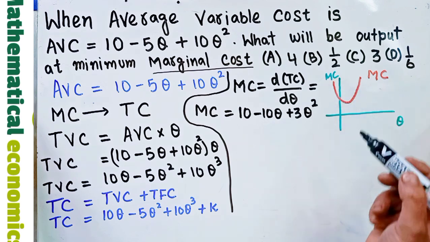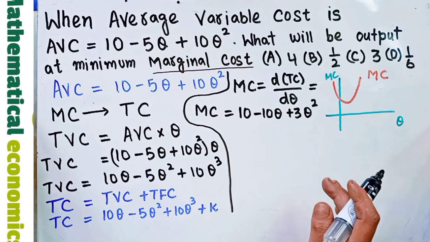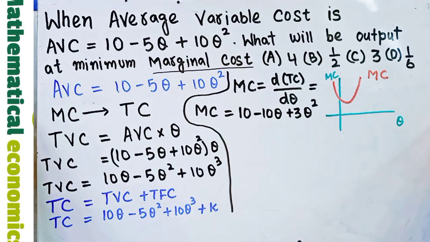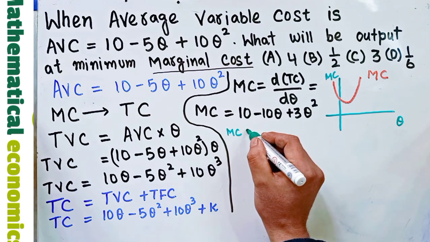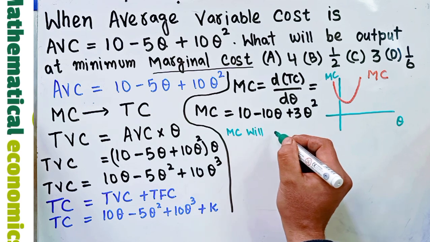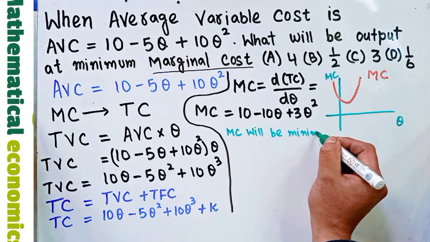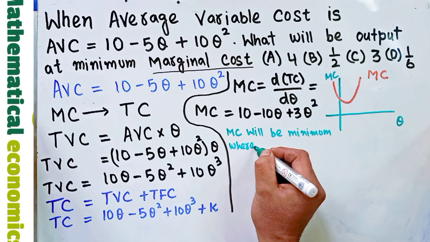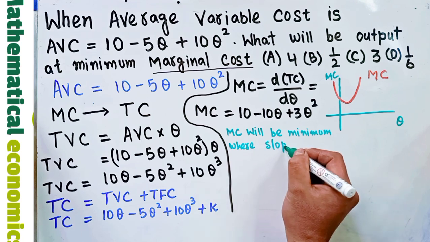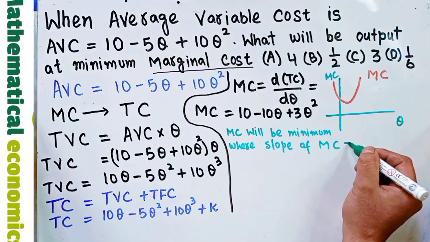Since this is the marginal cost function, marginal cost will be minimum at a point where the slope of the marginal cost is 0. Let's write it here: marginal cost will be minimum where the slope of the marginal cost function is equal to 0.